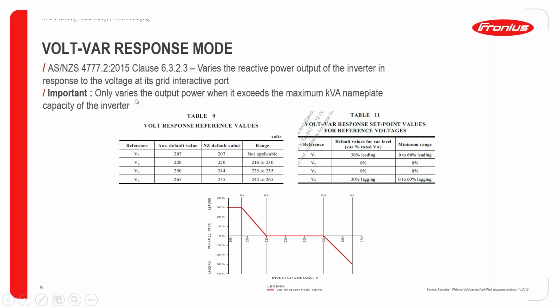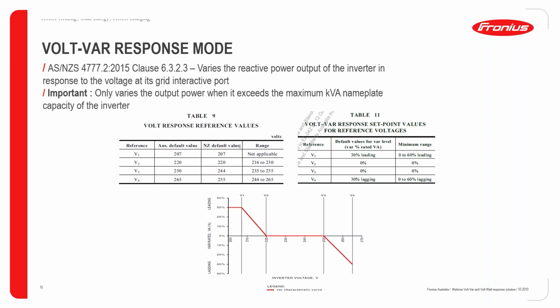Once again, the important note is that it only varies the output power when the inverter tries to exceed the maximum kVA nameplate capacity of the inverter. So when we have a 5 kilowatt inverter installed, and when the inverter is trying to produce the 5 kilowatt, then these set points will come into play.